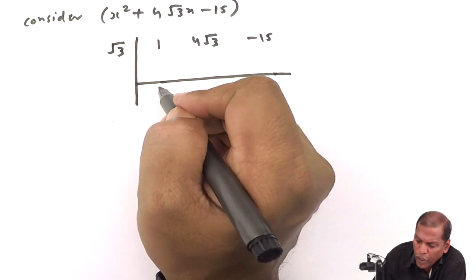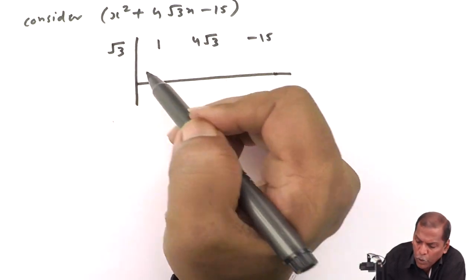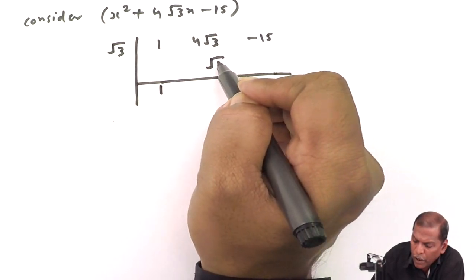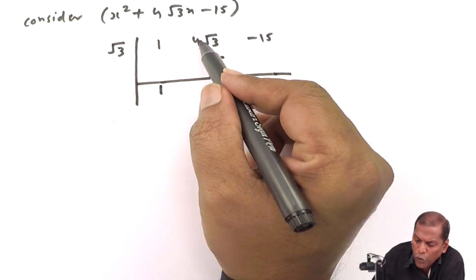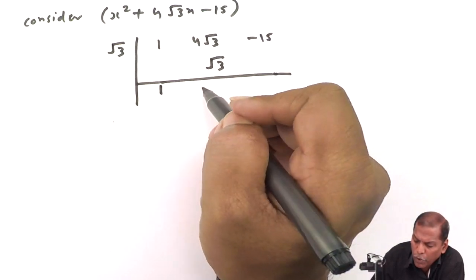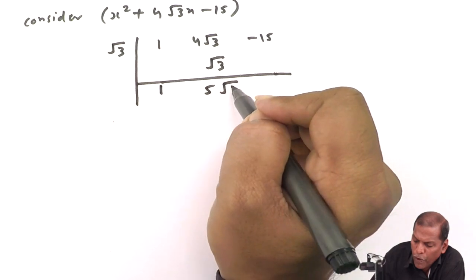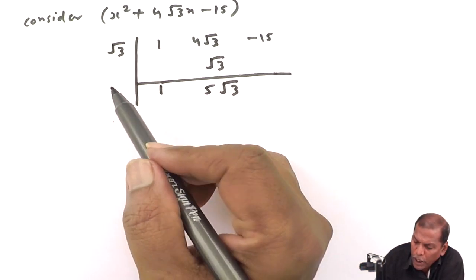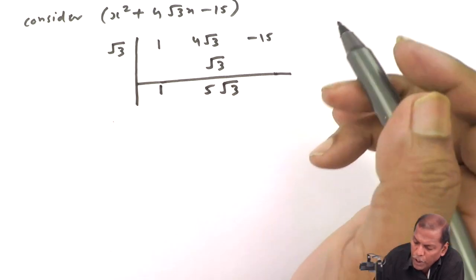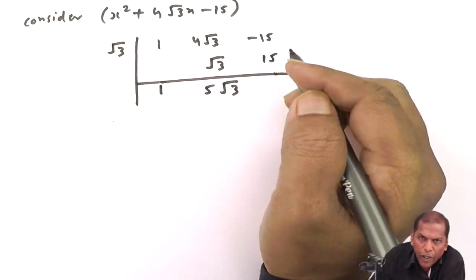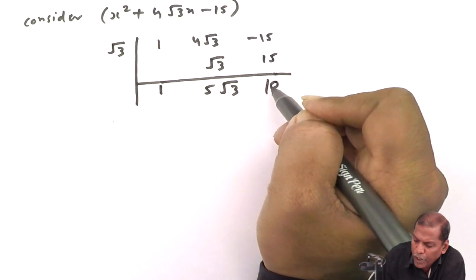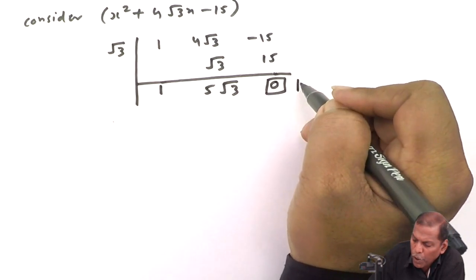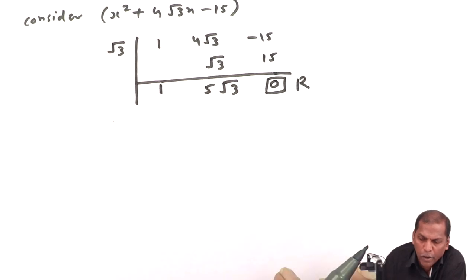First number, that is 1, we write as it is, then root 3 into 1 we get root 3. Now this is 4 root 3 and this is plus 1 root 3, so total 5 root 3. Now 5 root 3 into root 3, that is 5 into 3 gives us 15, and minus 15 plus 15 gives us 0 as a remainder.